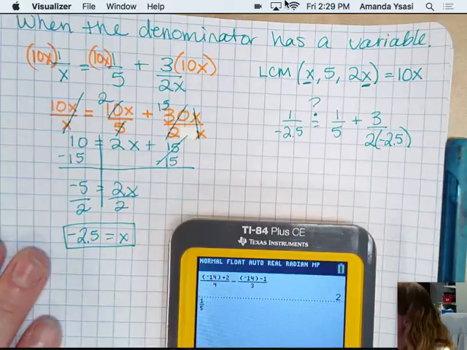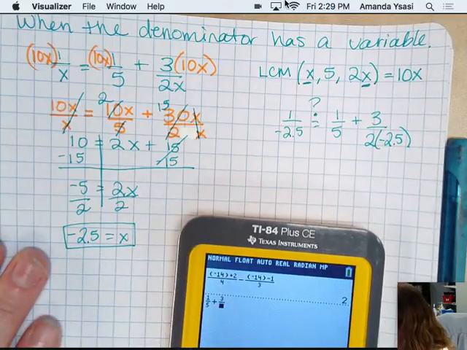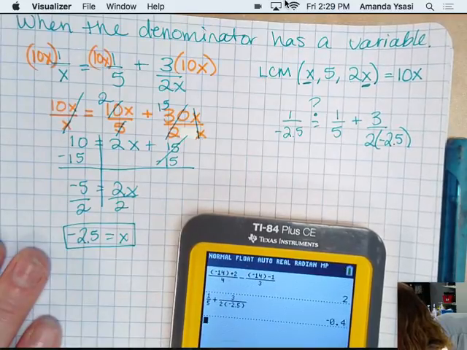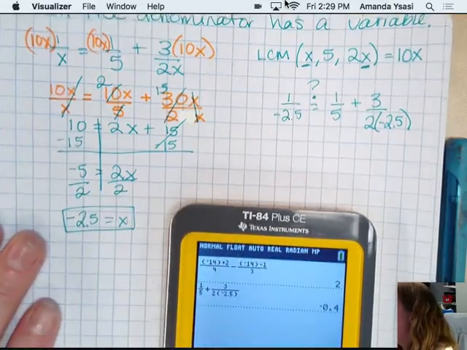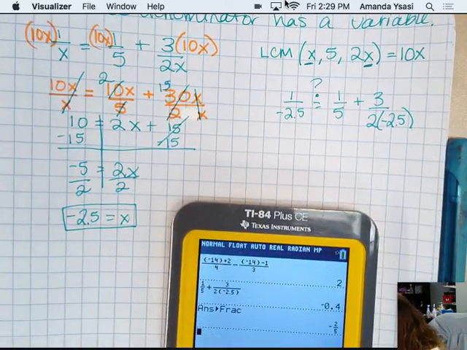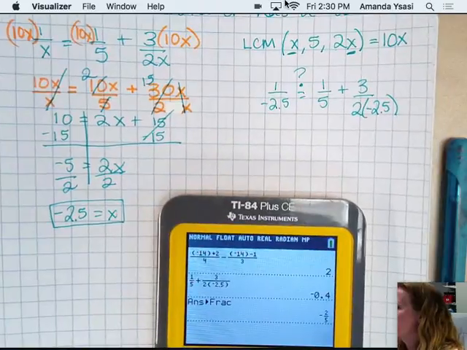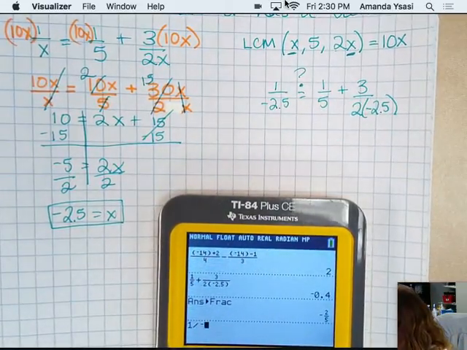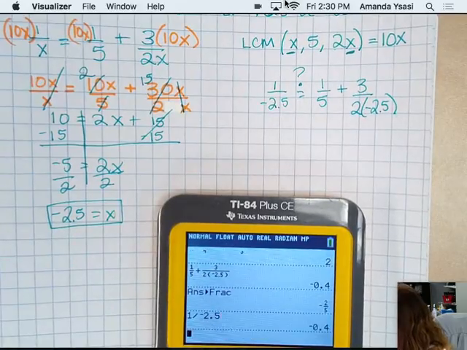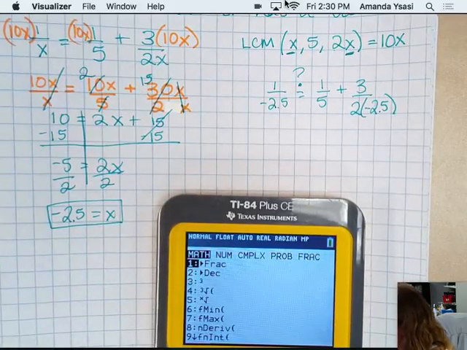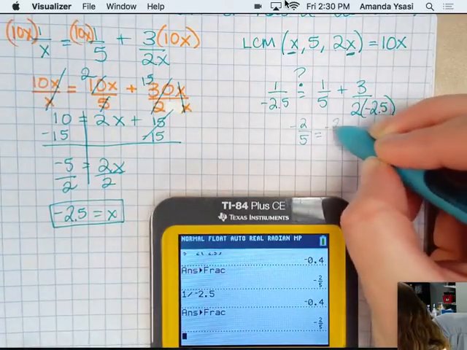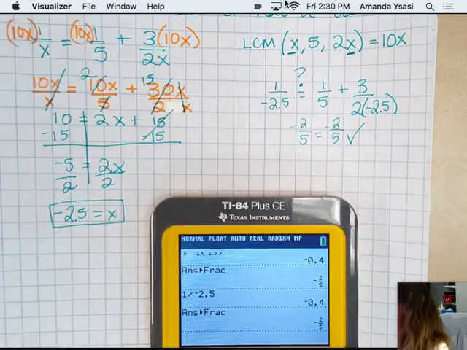One-fifth plus 3 over 2 times the negative 2.5. I wonder if I can make it a fraction. But what is 1 over negative 2.5? Right. There we go. So negative 2 over 5 equals negative 2 over 5. So we did it correctly.